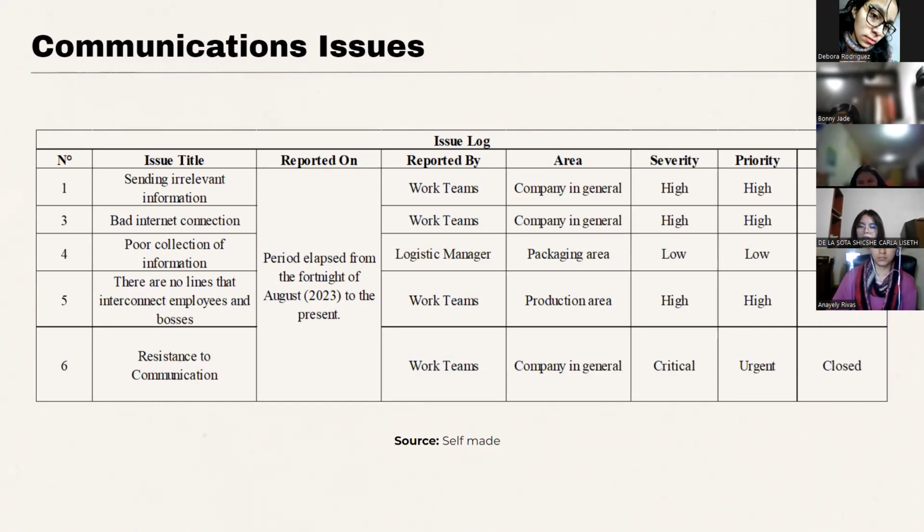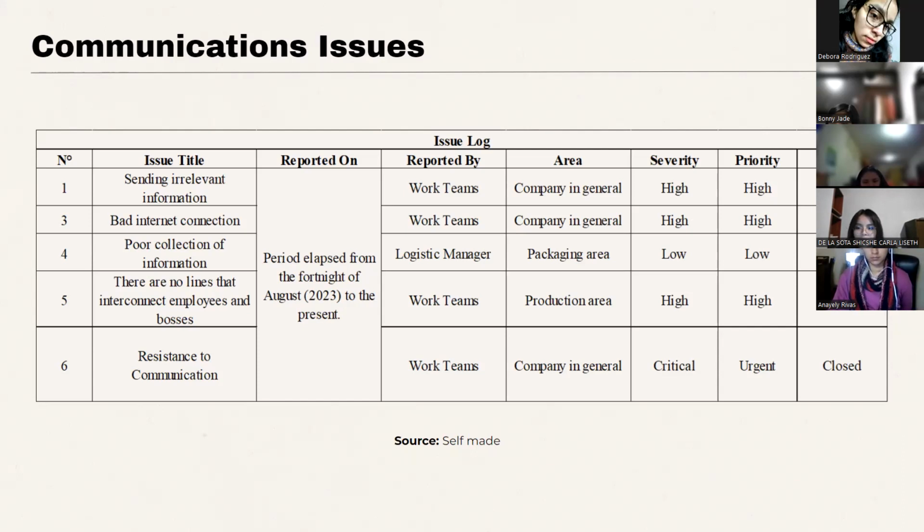So here we have this type of matrix to see the priority, the severity, and also the status of these issues. We have 6 issues in this project.